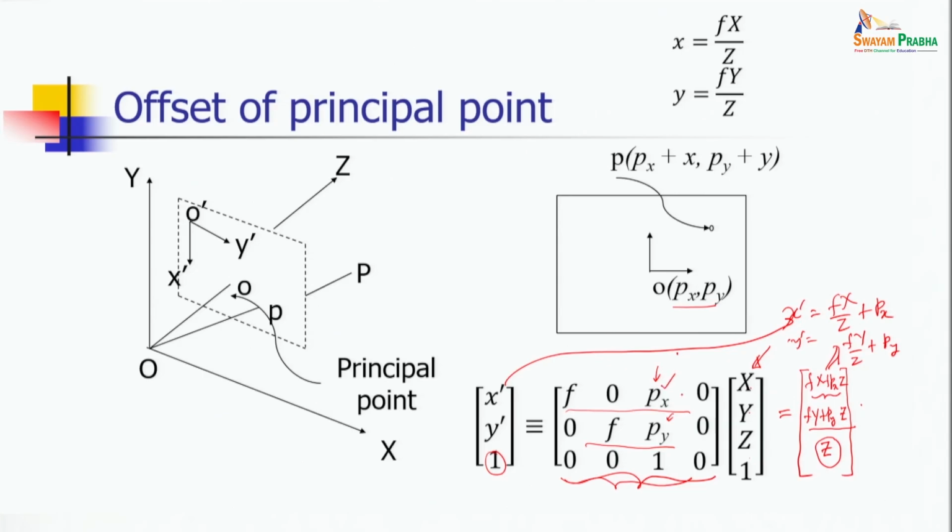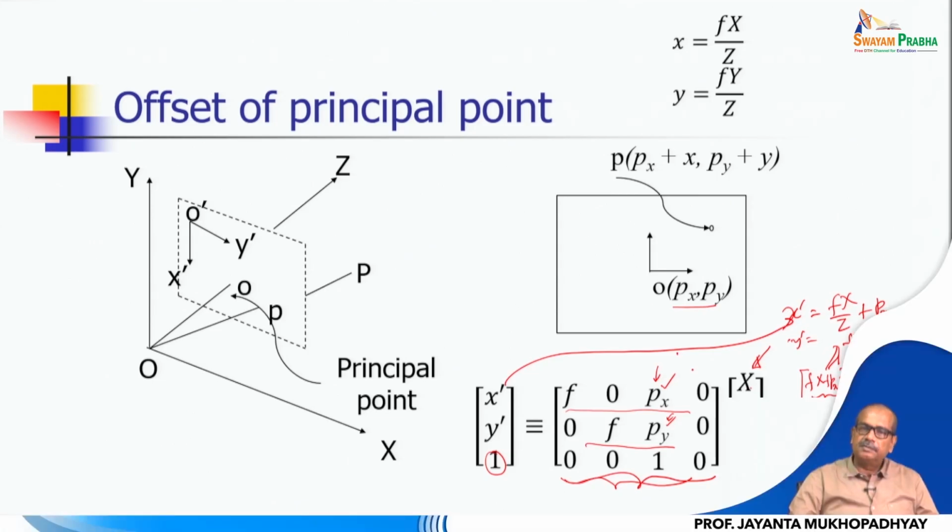So px py becomes another parameter, because in your camera coordinate convention, image coordinate convention, it is not necessary that the origin of the image coordinates would lie at the principal point. It may lie at some other point. Usually, it lies in the pixel coordinates. As you know, in our convention the 0th row and 0th column would be the topmost and leftmost point. That's why this kind of transformation is required. With respect to that, we have to define this offset.